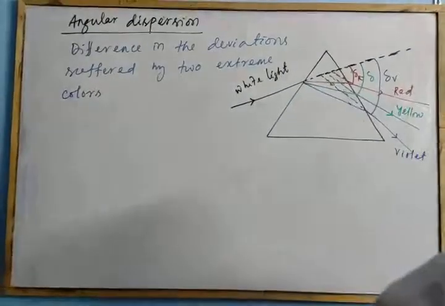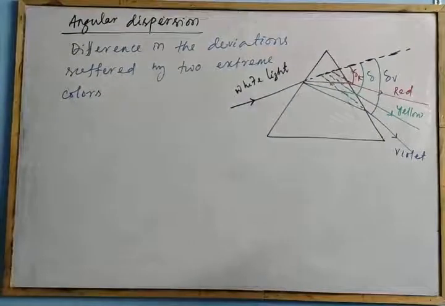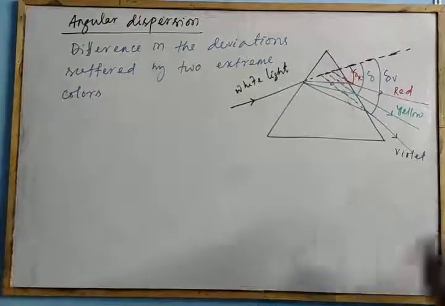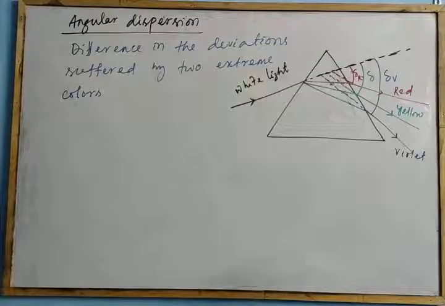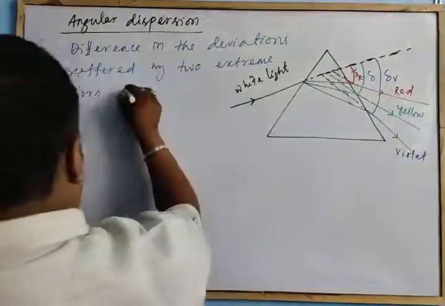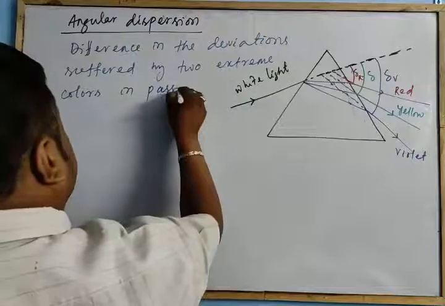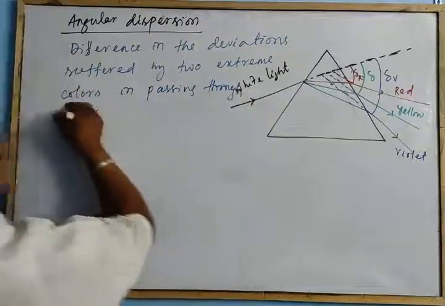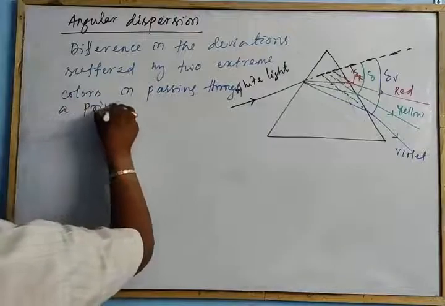Red and violet. They are the two extremes, right? The difference in the deviation suffered by two extreme colors when passing through a prism.